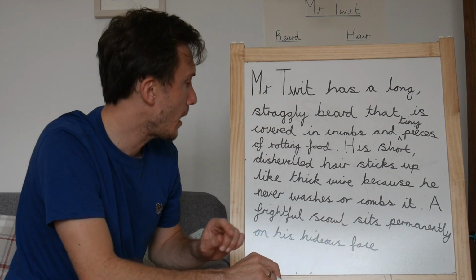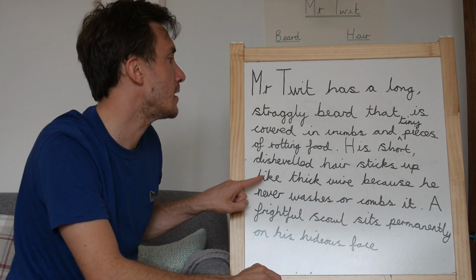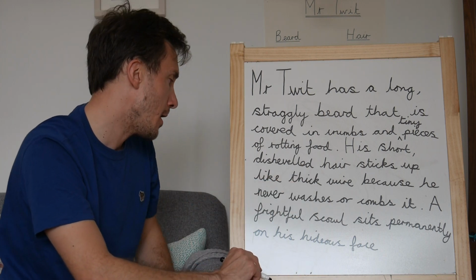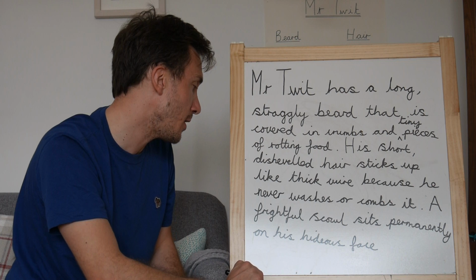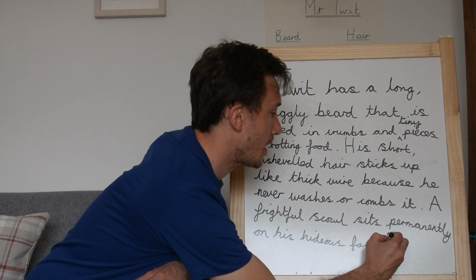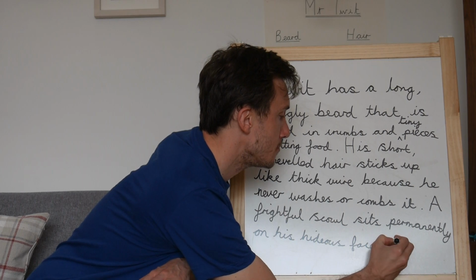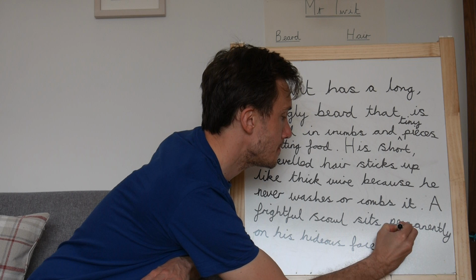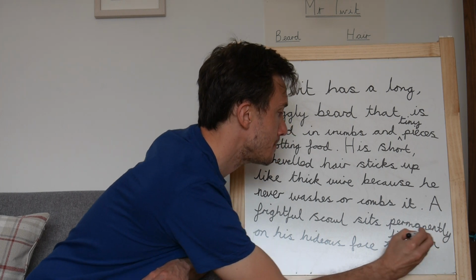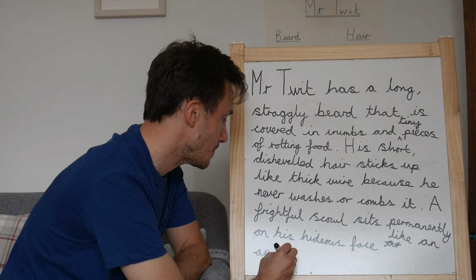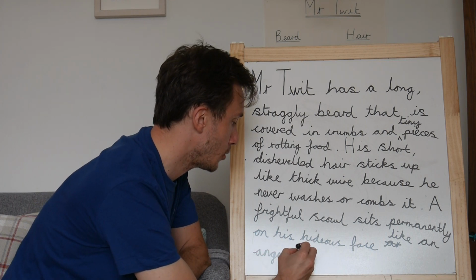I'm going to use another like-a sentence here. I used one here, sticks up like thick wire. I'm going to say it sits permanently on his face, on his hideous face, like an angry storm cloud.